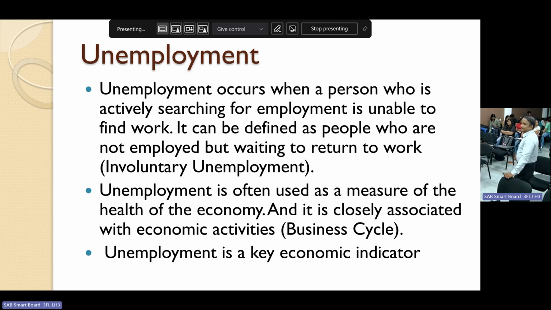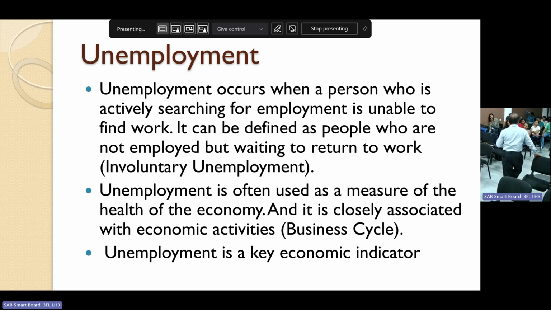Unemployment is related to economic activity, and that explains the business cycle, with recession, expansion and contraction. Normally, if there is a downturn, that is a recession, and unemployment increases.